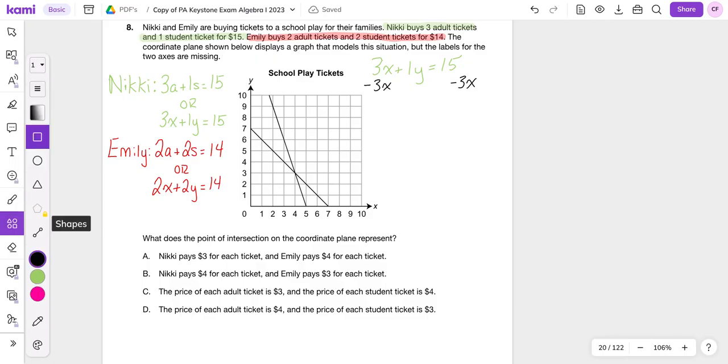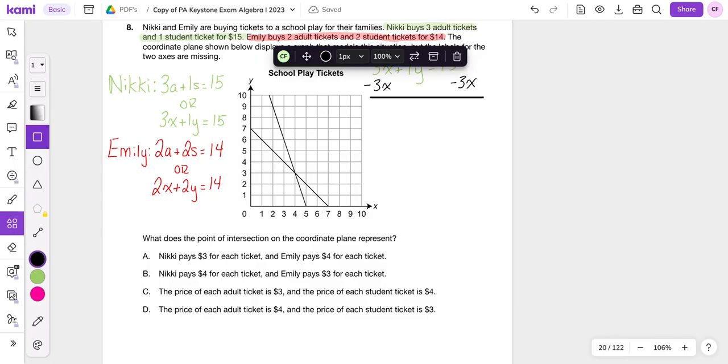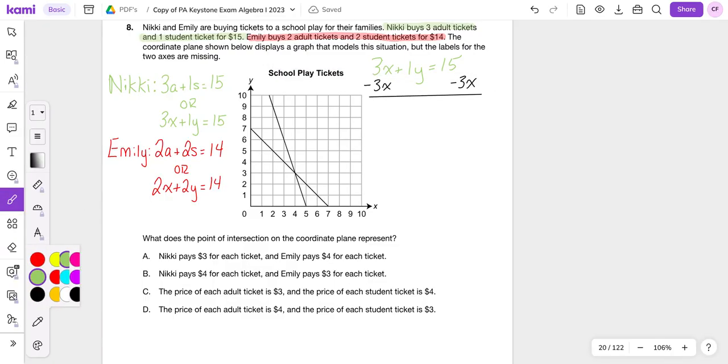When I do this, I am left with 1Y, or just Y, equals negative 3X plus 15, because that was a positive 15 up top. Then to get rid of that 1, we can divide everything by 1, but dividing by 1 does not change anything.